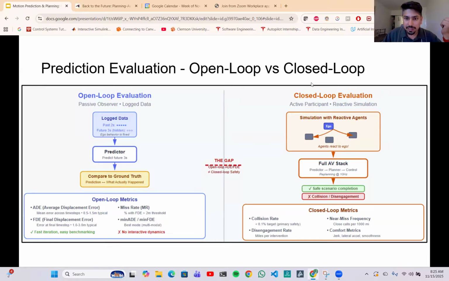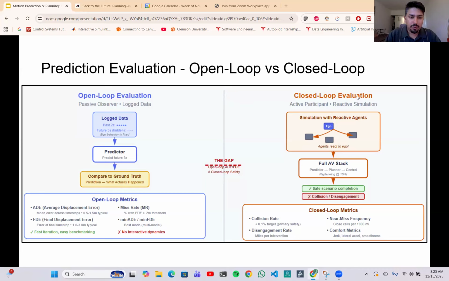But the real world is on the right side here, which is the closed loop evaluation. Closed loop evaluation means that you make a prediction, then the agent or the ego makes its own plan, and you see how it unrolls in the future. This coupling happens in the real world, and you want to see whether your prediction was good for you or bad for you.